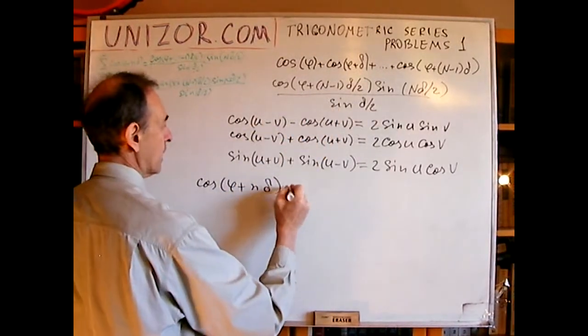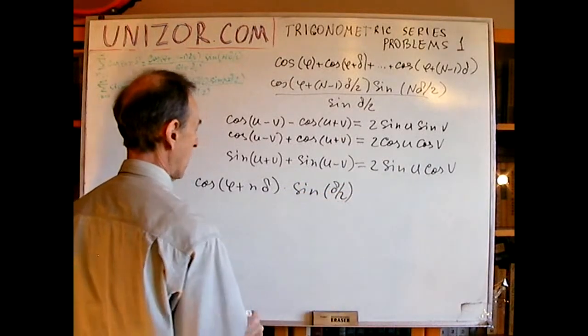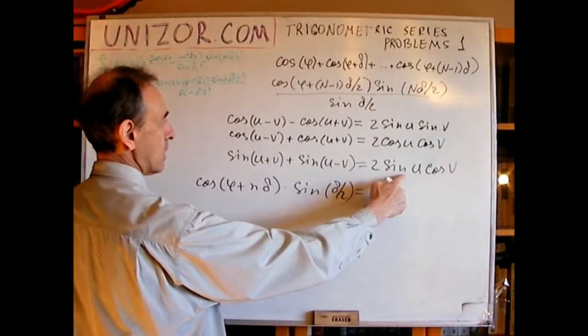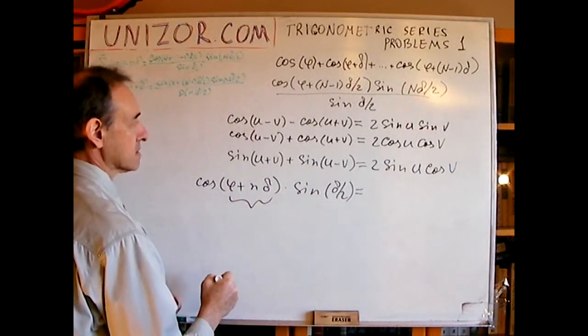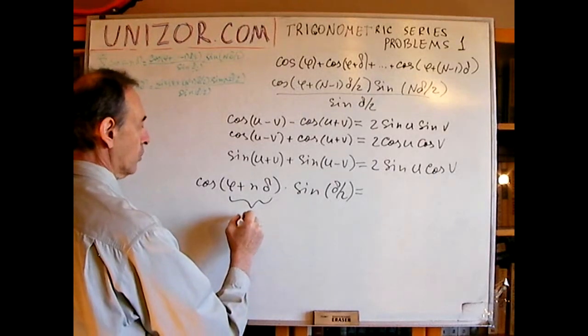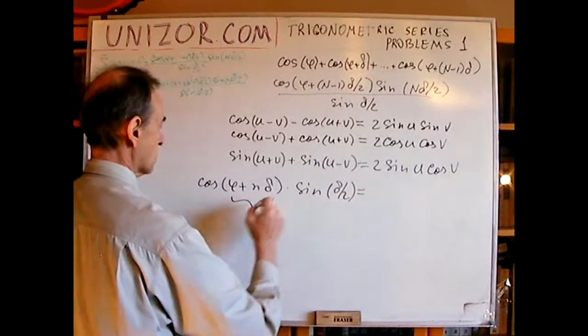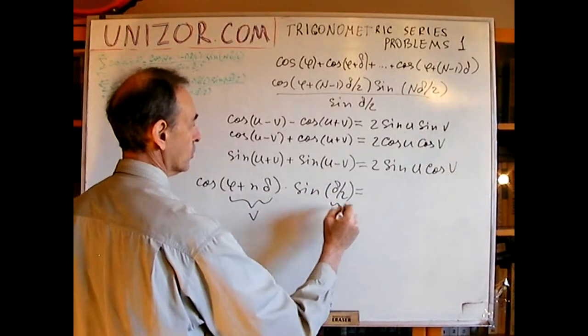And I'm multiplying this by sine of delta over 2. Now, I will use something like this, right? So my phi plus n delta would be this cosine, so this is v, and delta over 2 would be u, right?